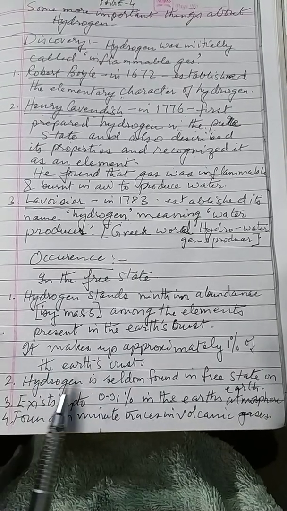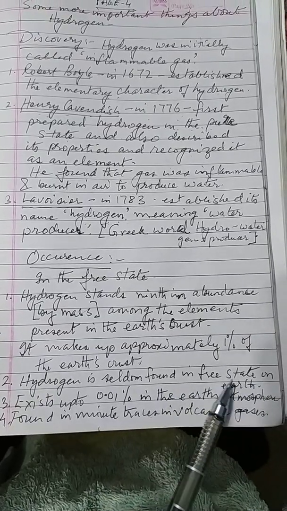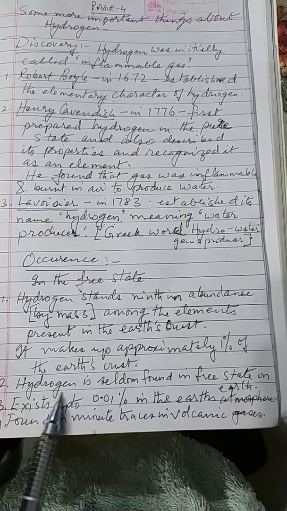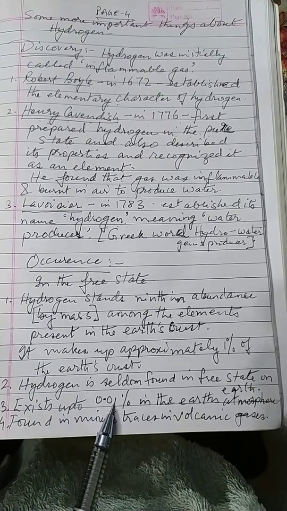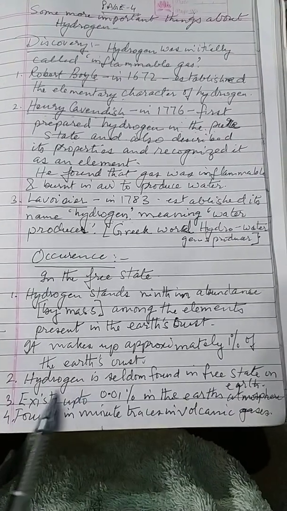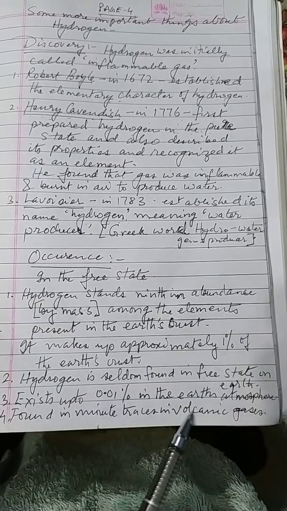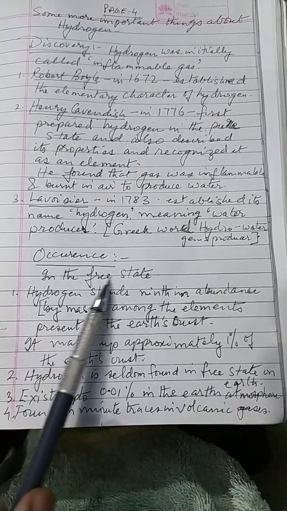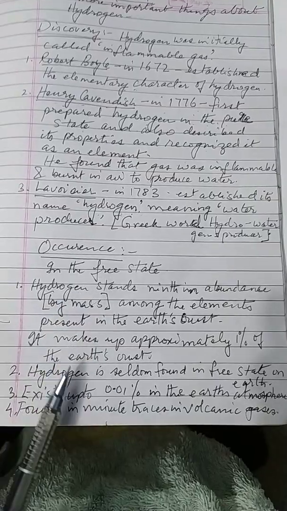We also see that hydrogen is seldom found in free state on the Earth. Because it is so reactive, it is found in combined state most of the time. It exists up to 0.01% in the Earth's atmosphere. Then we also see that hydrogen is found in minute traces in volcanic gases also. So we see that hydrogen is present in free state in all these areas of our Earth's atmosphere and the Earth's crust.